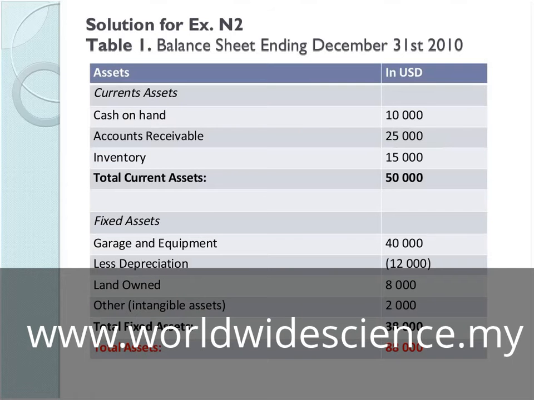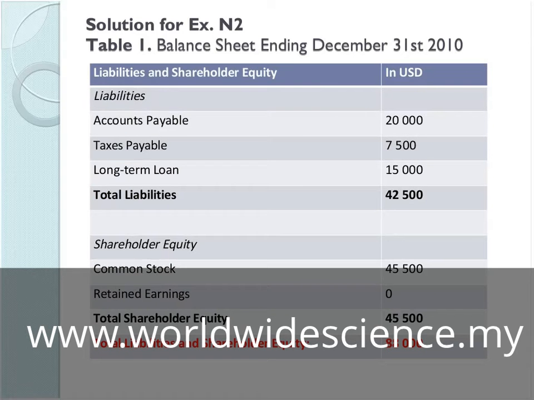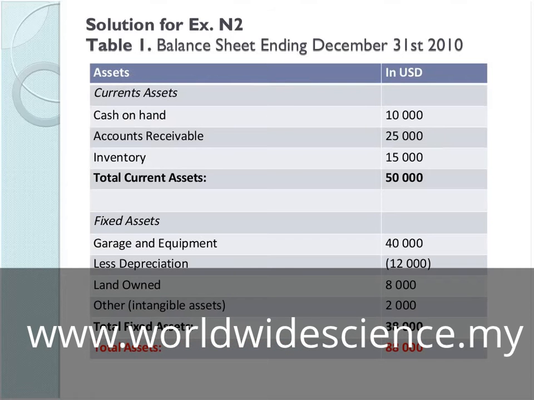Here is table 1. The table is so big, so huge, that I divided it into 2 pages. In the first you can see the assets. Here are the current assets: cash on hand, accounts receivable, and inventory, and total current assets would be 50,000, right?